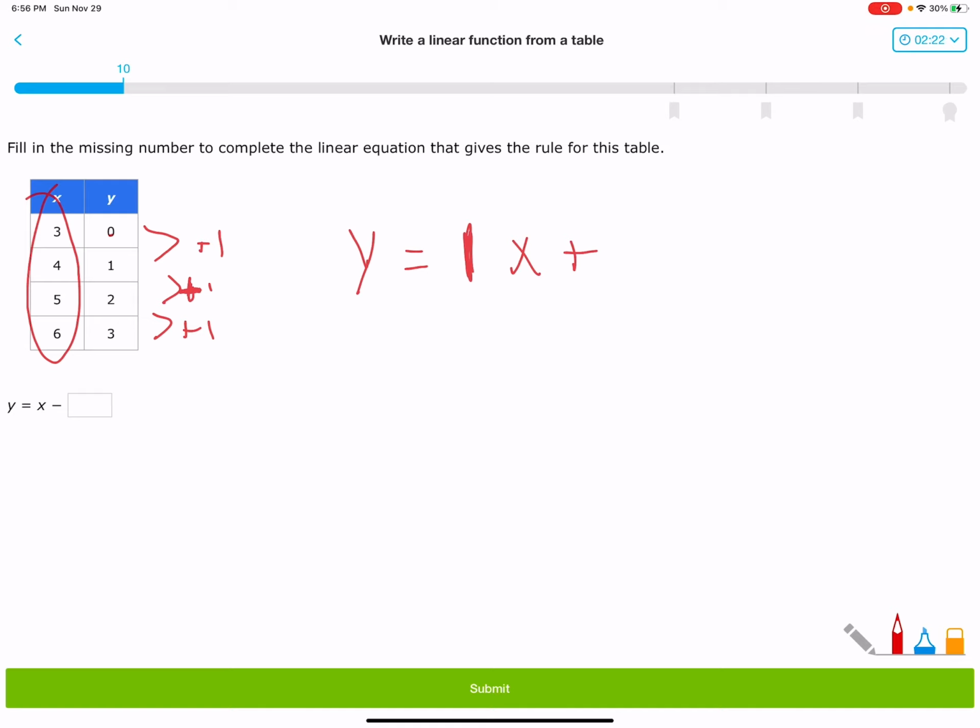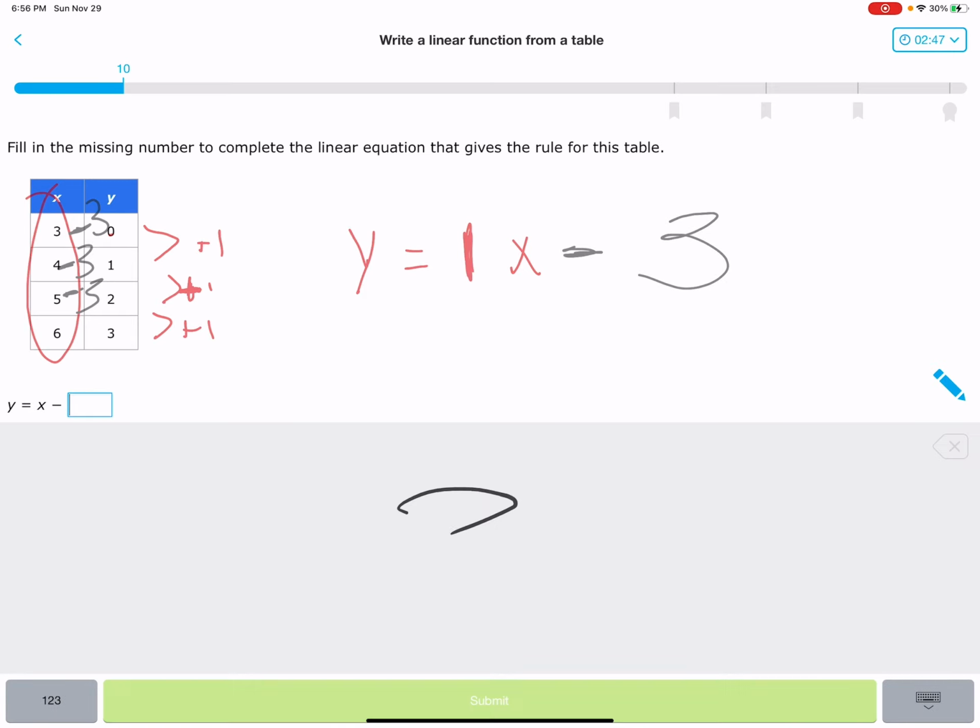Well, we're actually going to have to subtract. It's going to be something minus. So we're going to subtract 3. 3 minus 3 equals 0. 4 minus 3 equals 1. 5 minus 3 equals 2. So our number in the blank is 3.